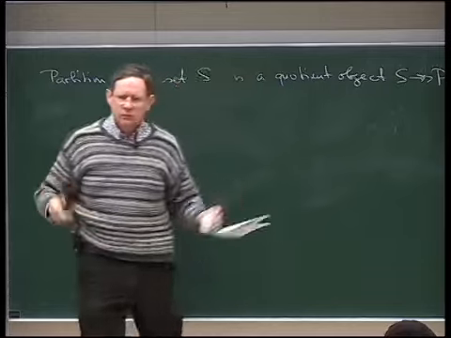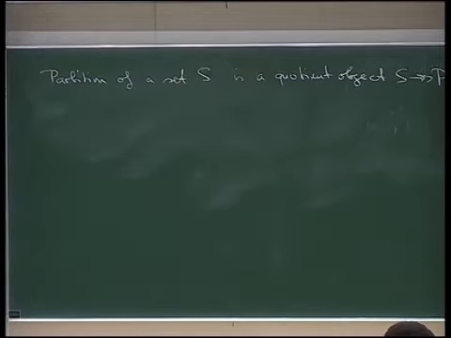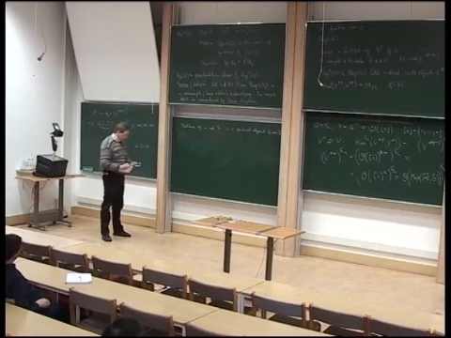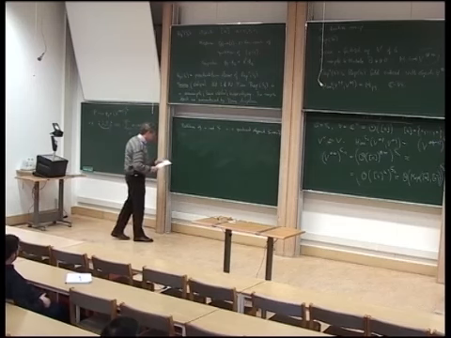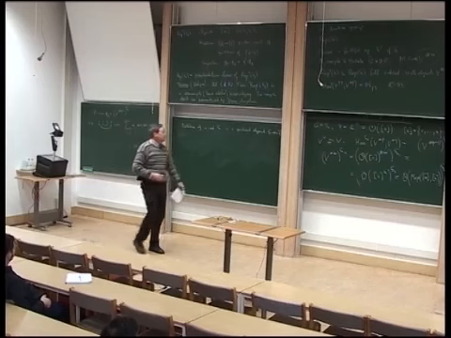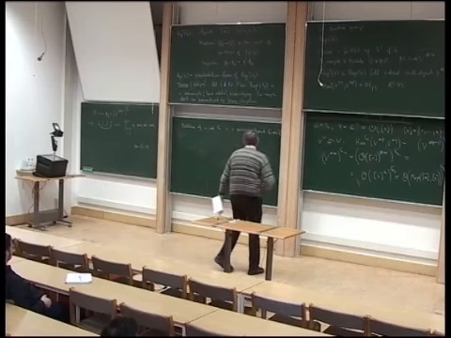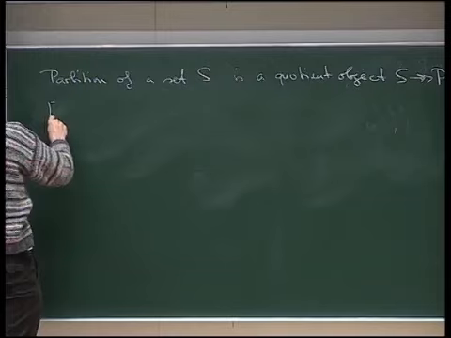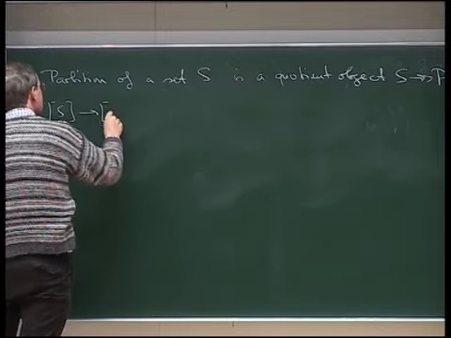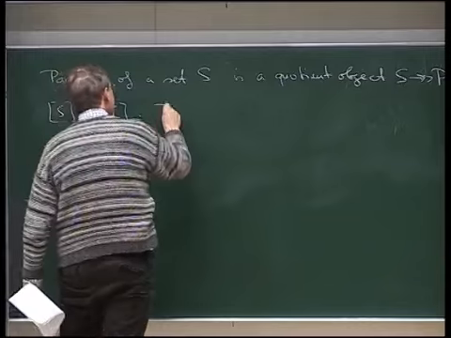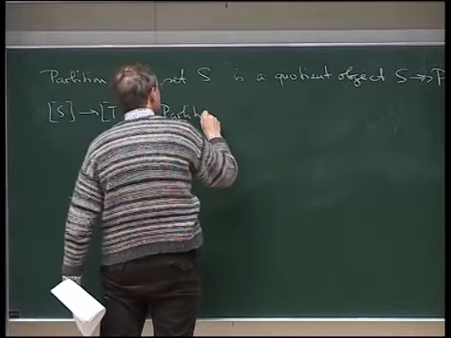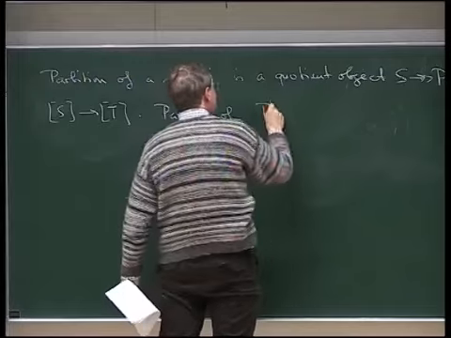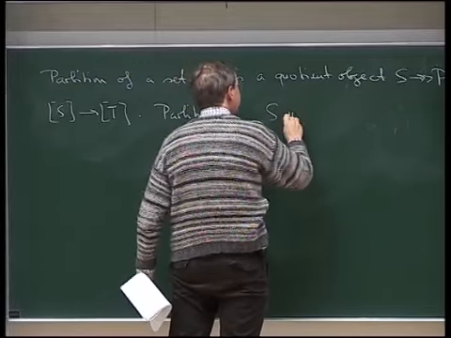You have sub-objects, but you also have quotient objects. And a partition is nothing else than what you would call a quotient object. Now, a partition of a map from S to T is now a partition of the disjoint union of S and T.